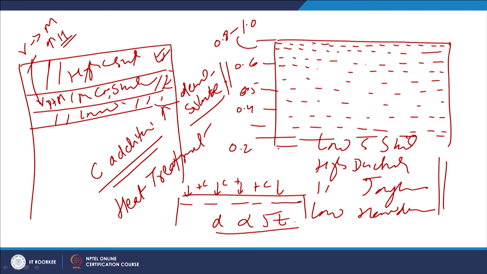Longer time is required for increasing the depth which is carburized, and once we have carburized up to the required depth for required hardening of the surface or subsurface layers, the carburizing will be stopped.